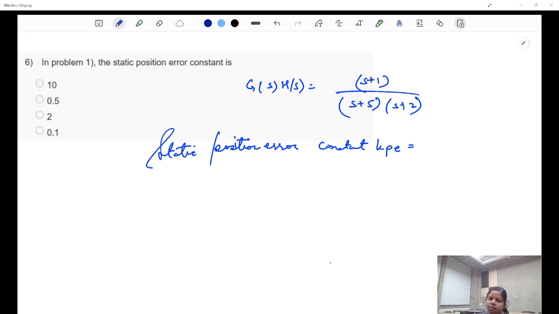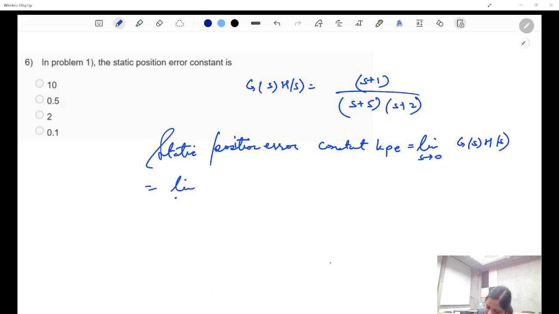No one remembers? Limit s tends to 0 GSHS. Yes, right. So it is limit S tends to 0 GSHS. Okay. So from here, what do we get?